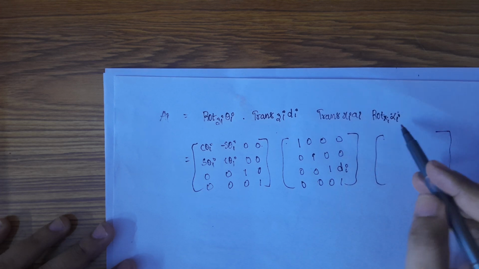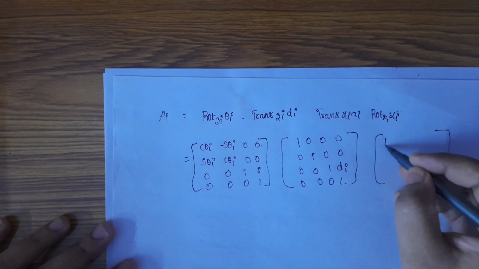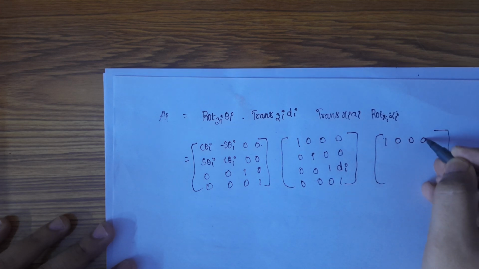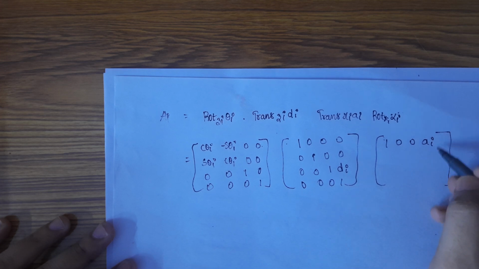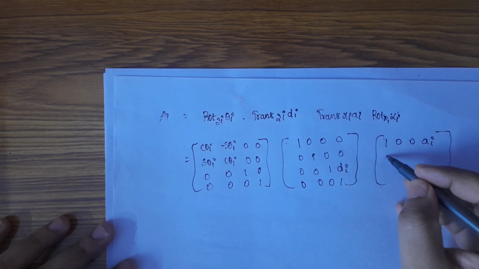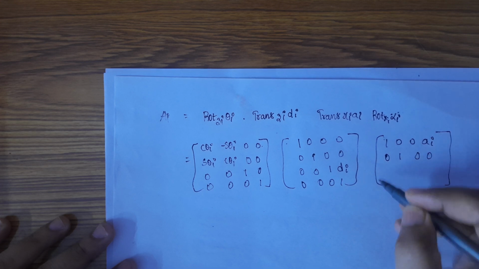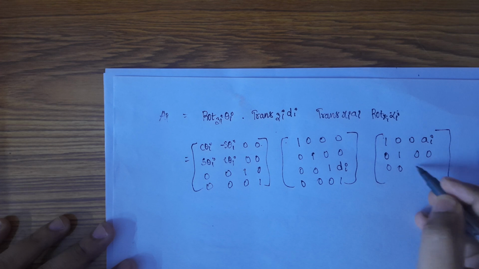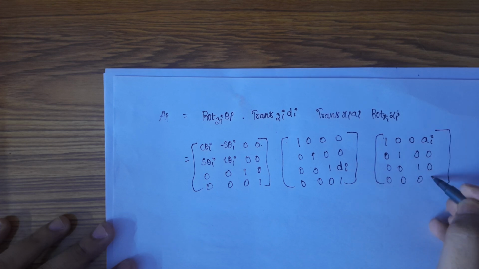Next, translation of xi at ai, that is translation with respect to the x-axis by distance ai: 1 0 0 ai, 0 1 0 0, 0 0 1 0, 0 0 0 1.